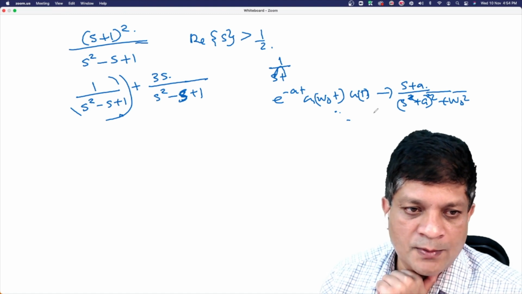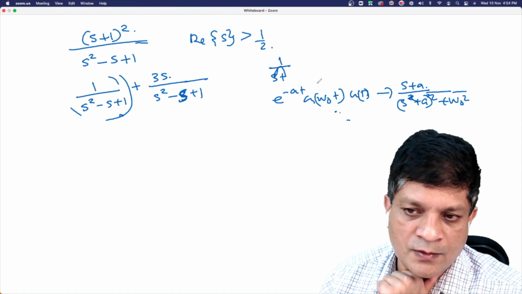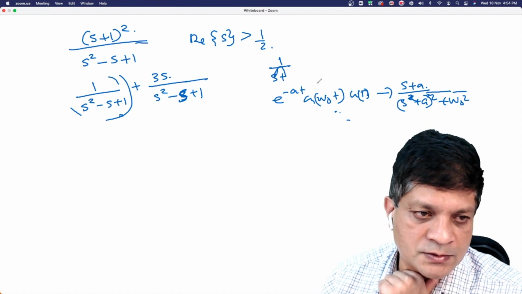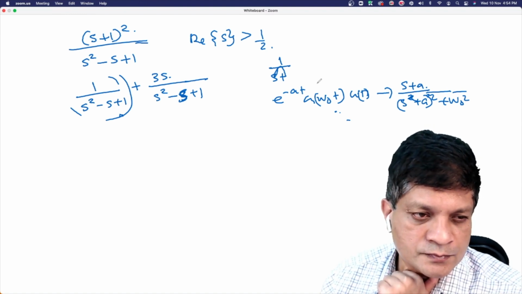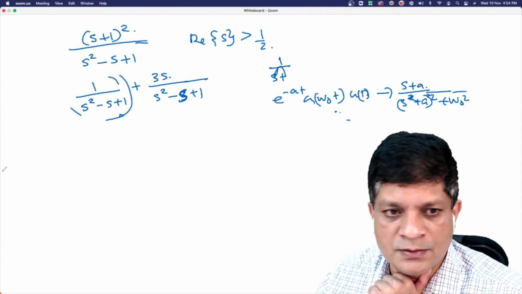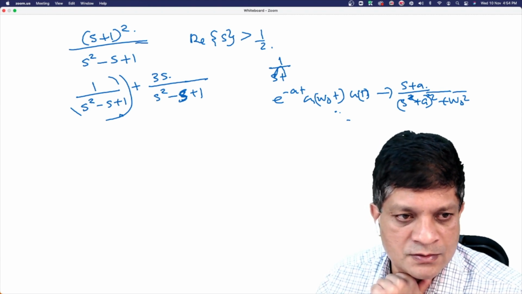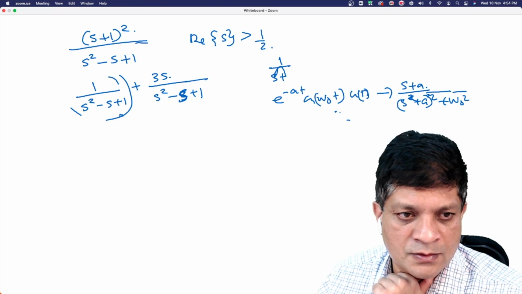All those problems are like this only. You have to convert it into some standard form and then find the inverse transform. I think third, fourth, fifth we have already discussed. Sixth is also straightforward.